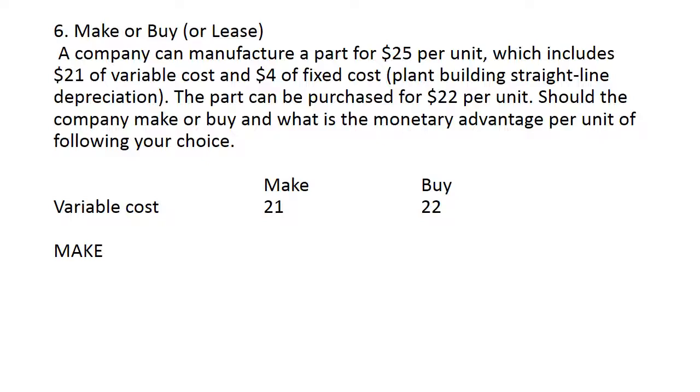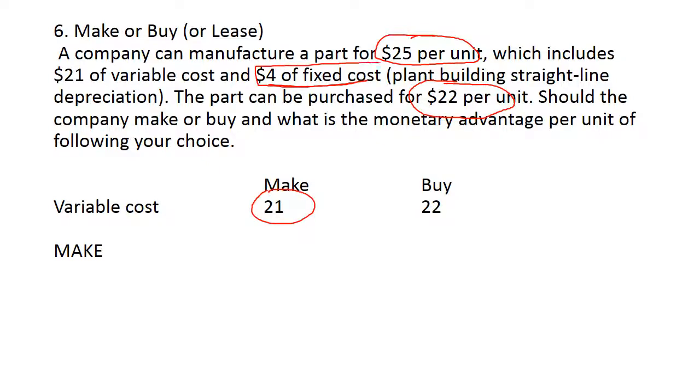All right, number 6, make or buy or lease. So the company is manufacturing the part for $25 per unit. We can buy the part for $22 per unit. $21 of it is a variable cost, so the $4 is a fixed cost.